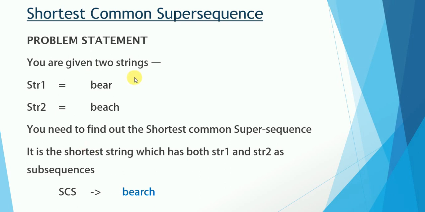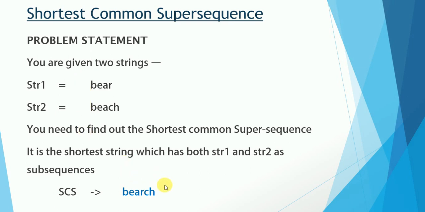Now let's talk about solving this problem. One thing which is clear from the shortest common supersequence is that we need to find the longest common subsequence between the two strings. As you can see, we have BEA, which is the longest common subsequence between these two strings.